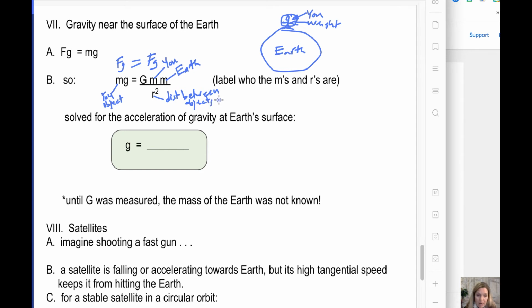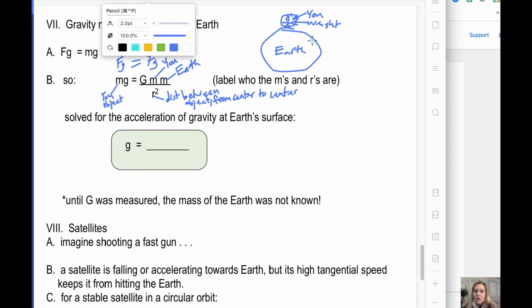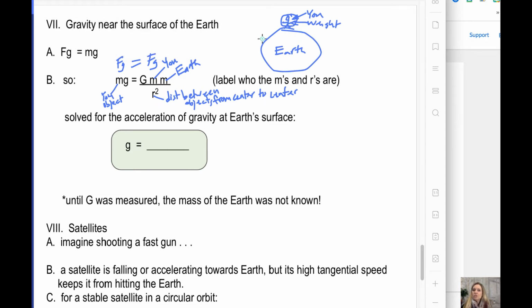This is super important because this is where people screw up: distance between objects from center to center. Now, why am I saying center to center?